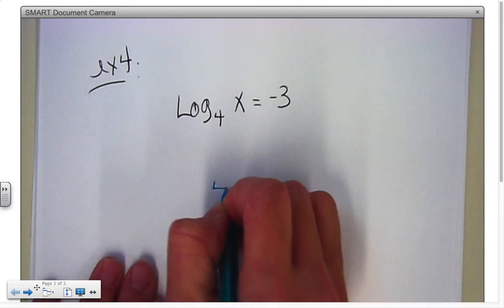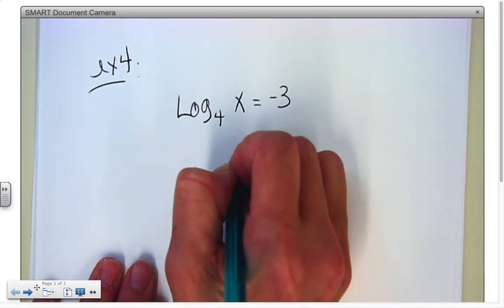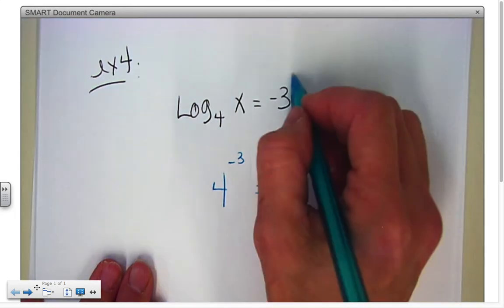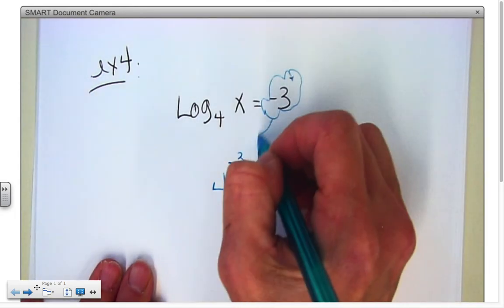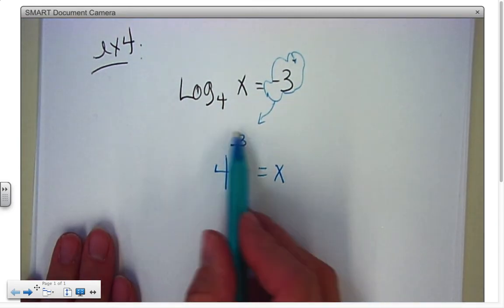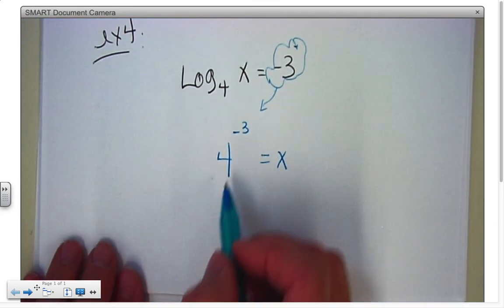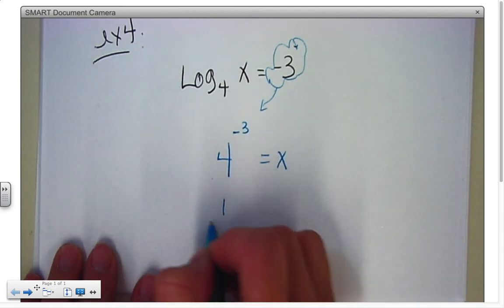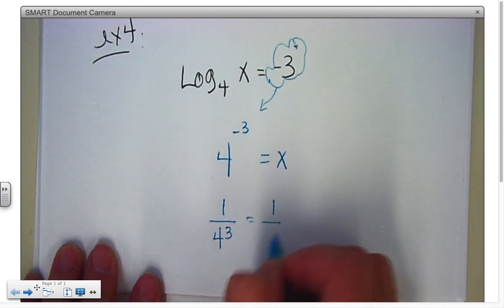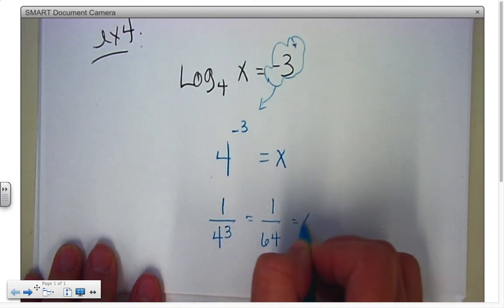It's going to be 4 raised up to the -3 power equals x. This part that's after the answer is always the exponent. And then again, because x ended up here, this can go right into the calculator or into our head. The negative is going to make it 1 over 4 cubed. This is going to be 1 over 64. And that's my value for x.